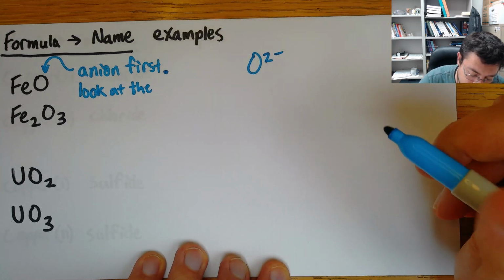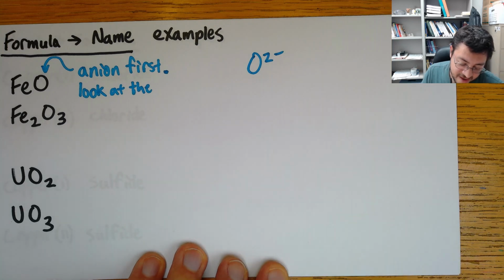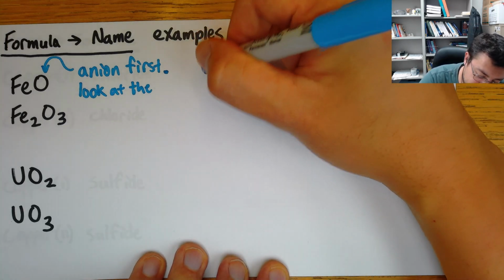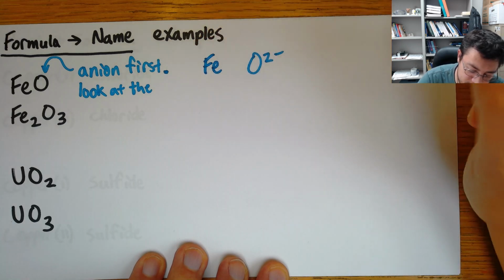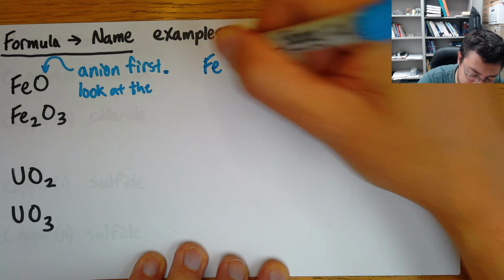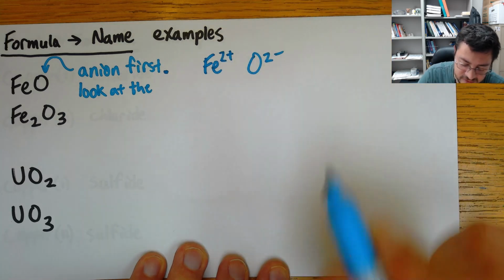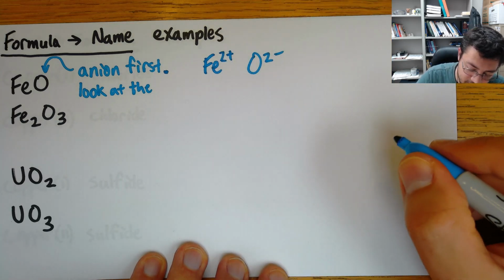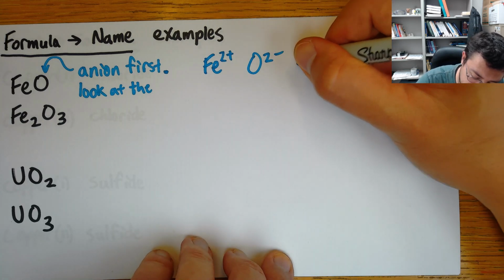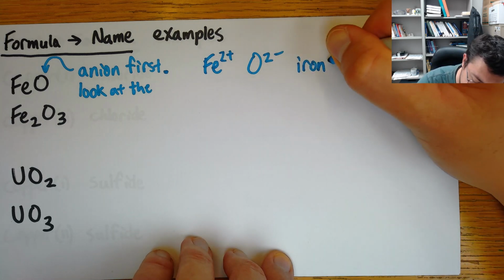Ionic compounds have to have a net zero charge. So I ask myself the question, what must the charge be on iron to make this neutral? It must be 2+. 2+ and 2- equals 0. And so now I'm ready to write this name. I write iron.